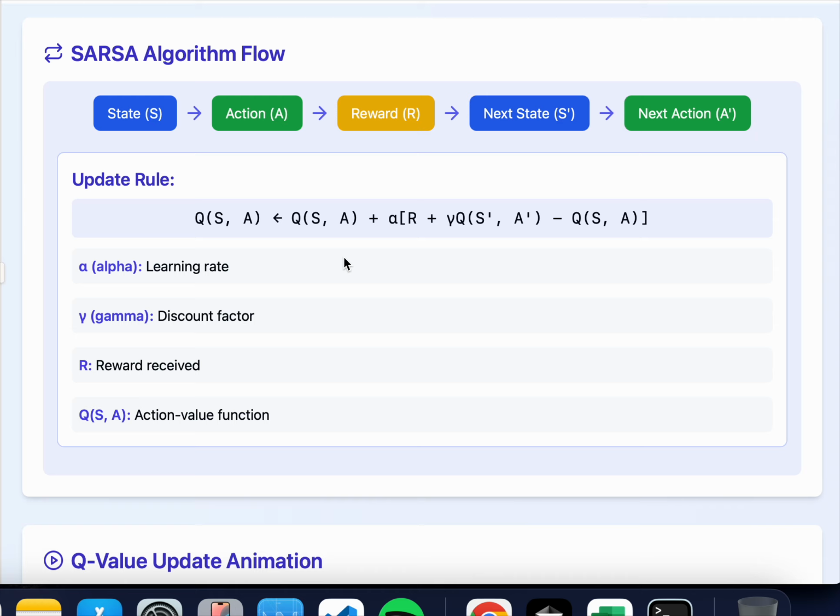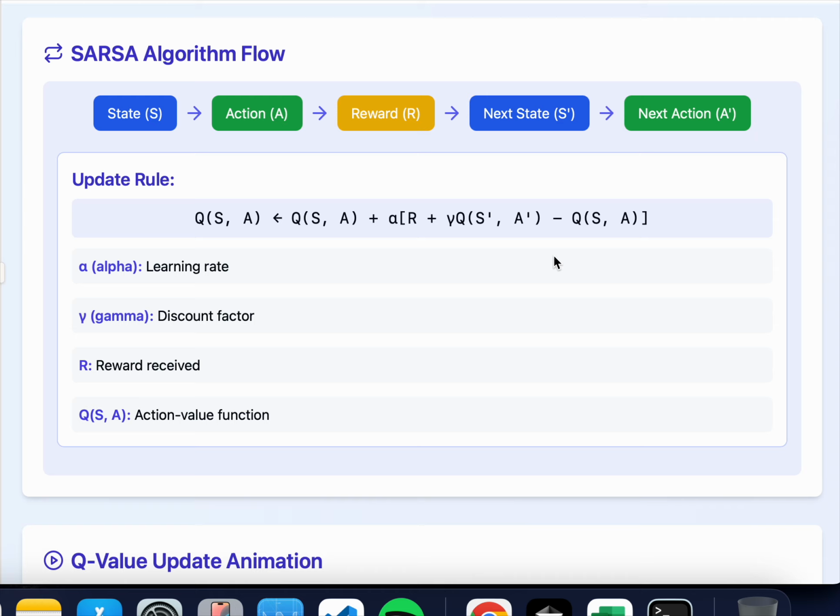So in equation form it looks like this. Q of S, A gets updated to Q of S, A plus alpha times the bracket term: reward plus gamma times Q of S prime, A prime, minus Q of S, A. And gamma is the discount factor.